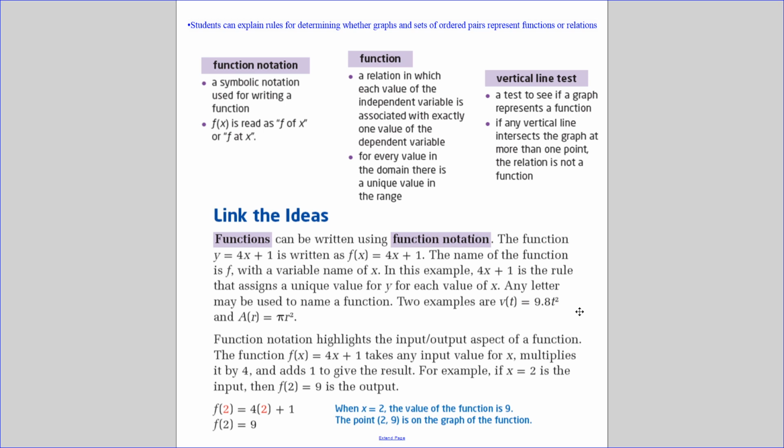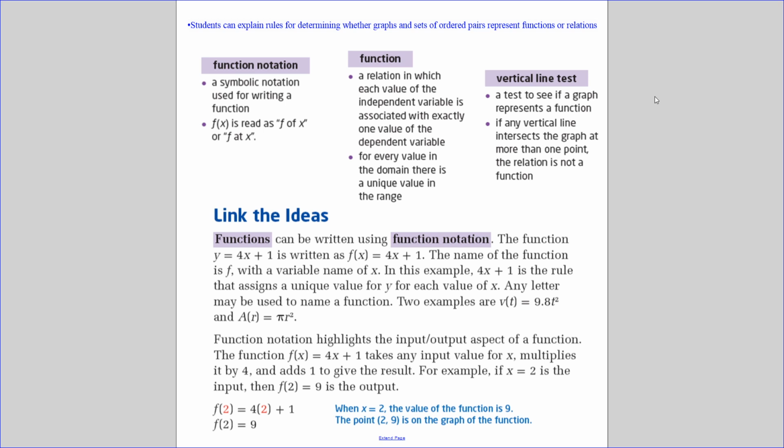If your pencil is straight up and down and it goes through the graph more than once, it's not a function, because it means that an x value has more than one possible y value. Not every x value has to have more than one y value for it to not be a function. If even just one x value on your graph has more than one possible y value, it's not a function.